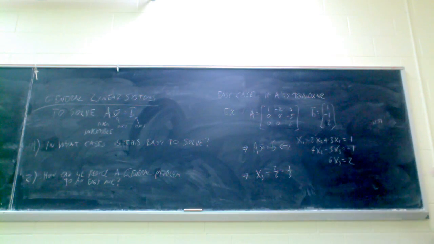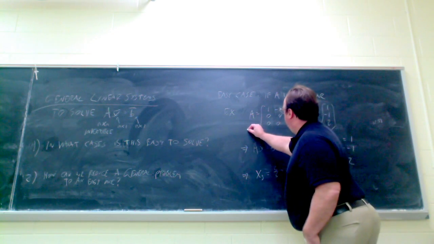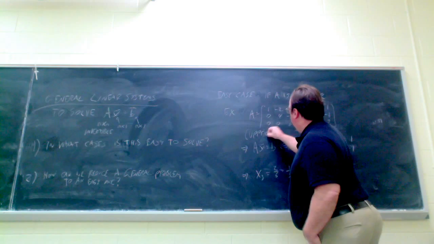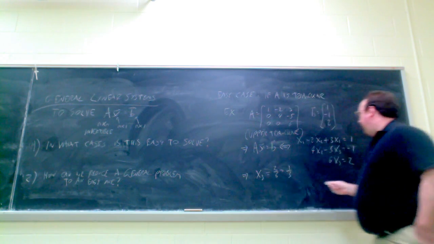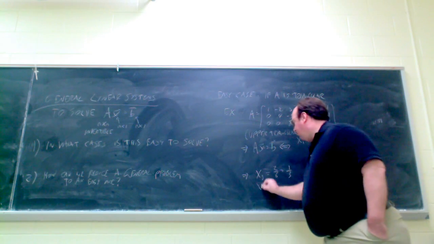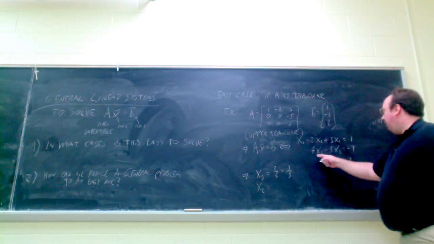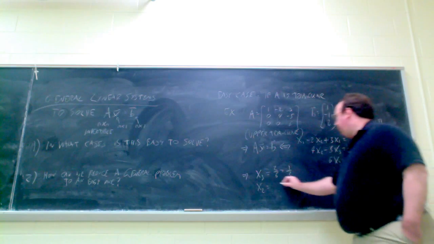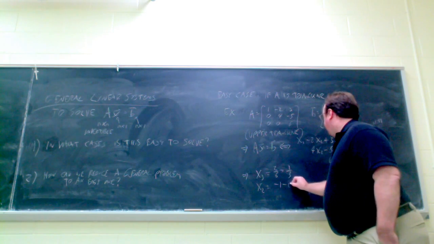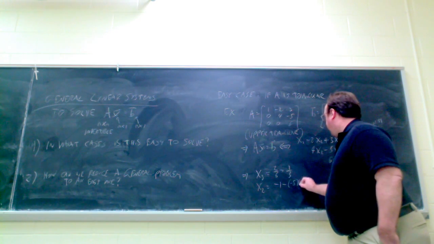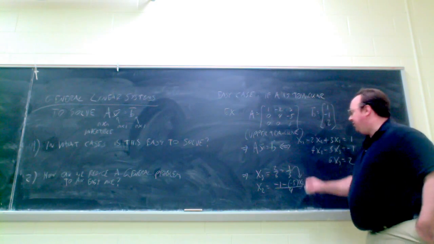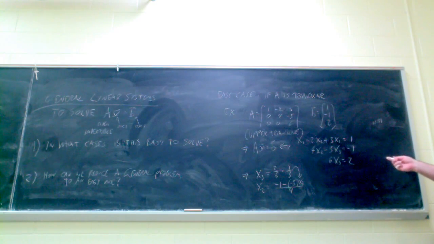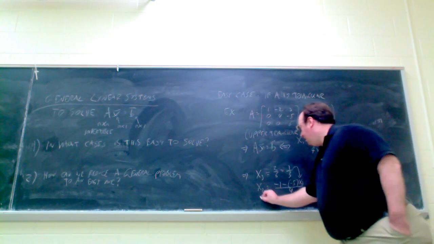Just a simple division gives you your last unknown. And then once you have that, if you rearrange this equation for x2, you get minus 1 minus 5x3 all over 4, but then your value of x3 can be substituted in there.